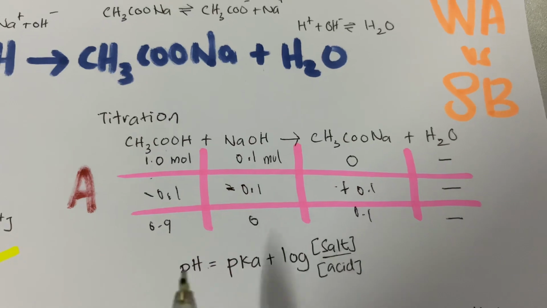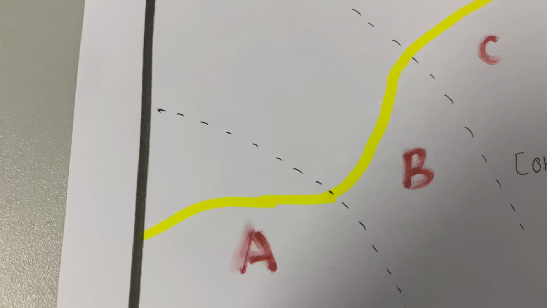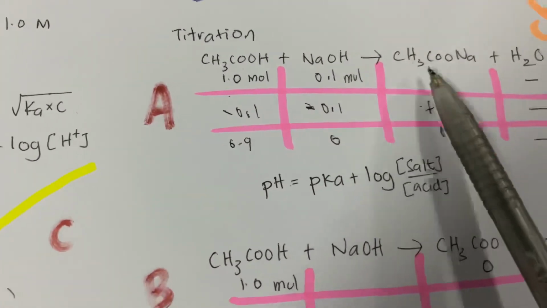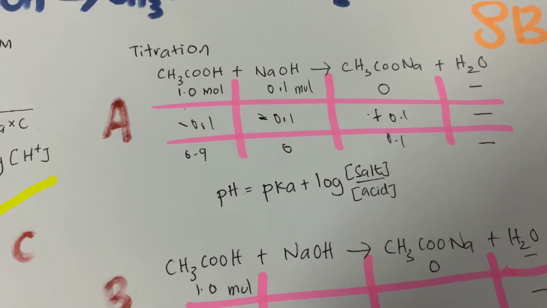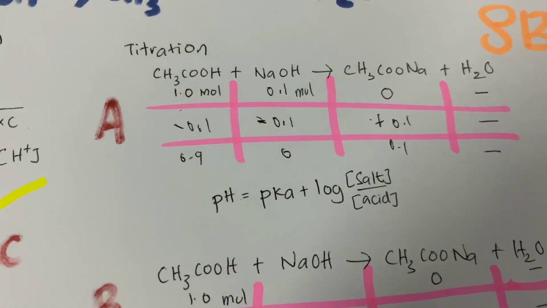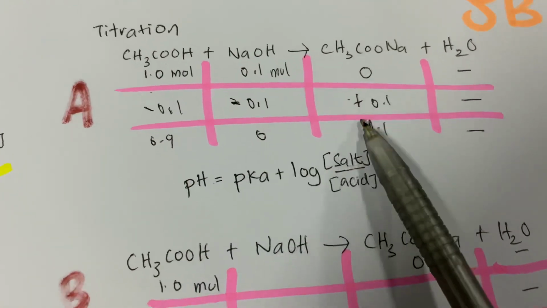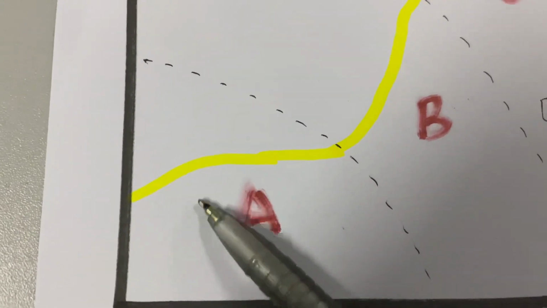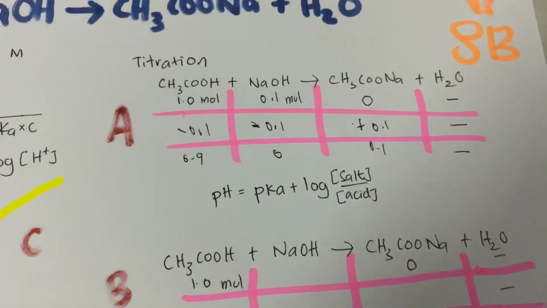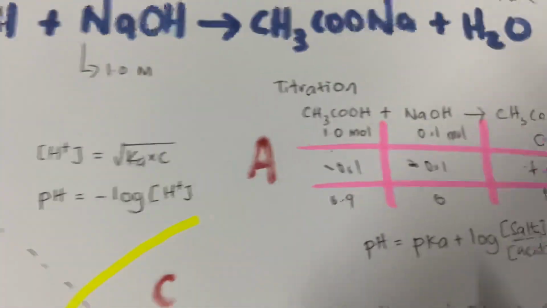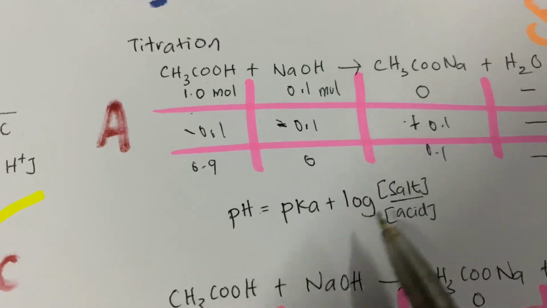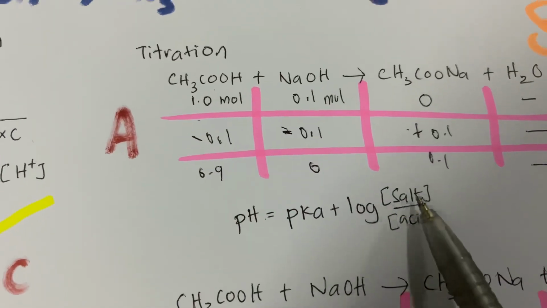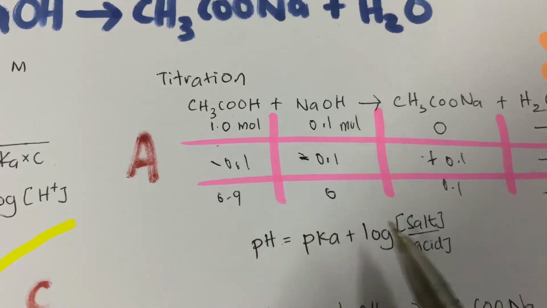Both of them exist together at the end of region A. The definition of a buffer is a mixture of weak acid and its conjugate salt. So at the end of the titration within region A, buffer solution will exist. To calculate the pH along this curve at region A, you need to use the Henderson-Hasselbalch formula: pKa plus log of salt over acid. Salt is this one, and acid is this one.